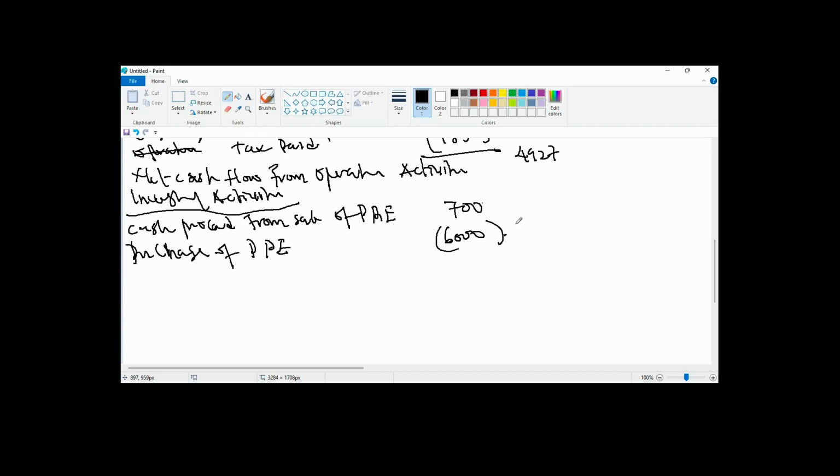Buy and sell, PPE is complete. Intangible has increased. Purchase of intangible, 300. That is all.